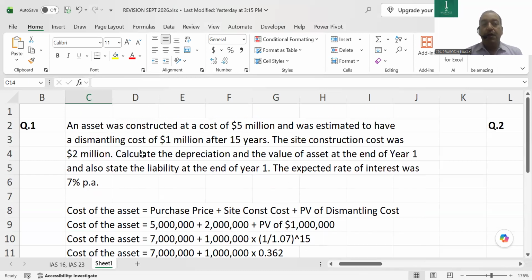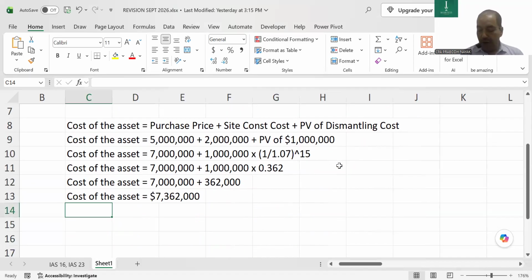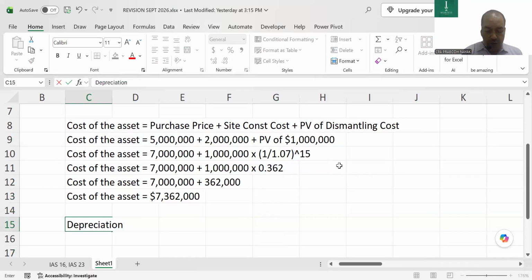What is the question? They are asking to calculate the depreciation and the value of the asset at the end of the year. So let us calculate depreciation. Depreciation on the asset is equal to $7,362,000 divided by 15 years.